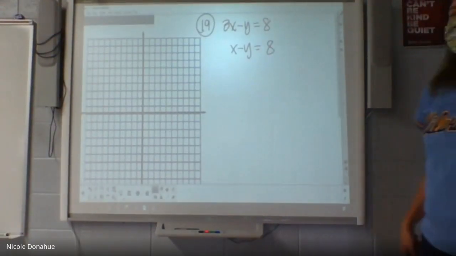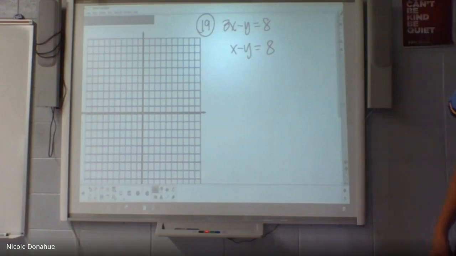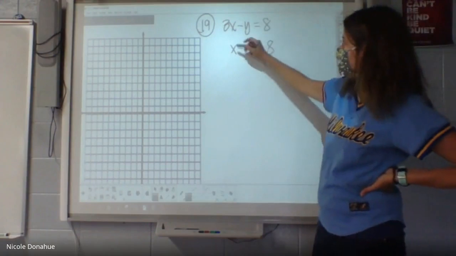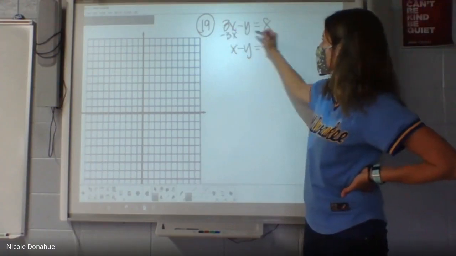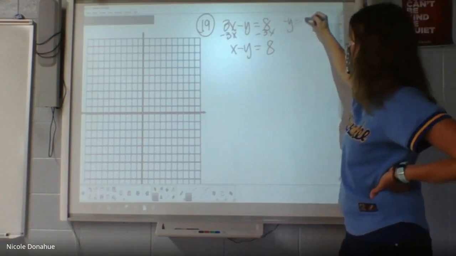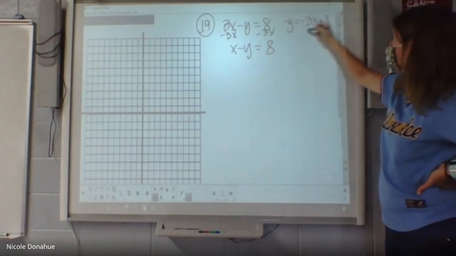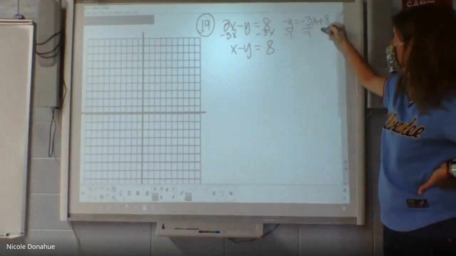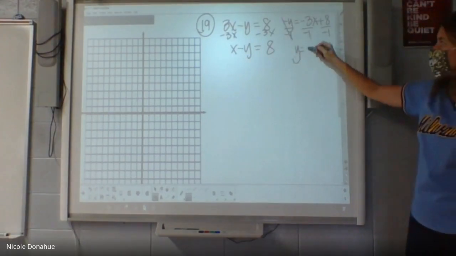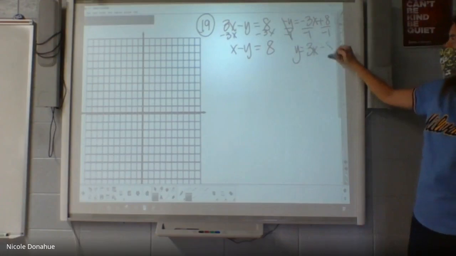Okay, so guys, let's go through these. So number 19, I have to move this 3x over. Actually, I probably could move the y over, but I'm going to divide by -1. So this becomes a positive 3x, and then a -8.